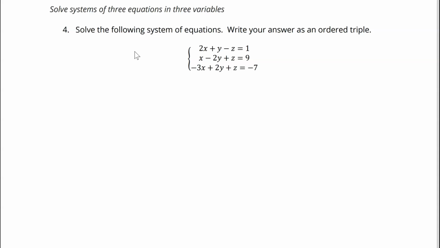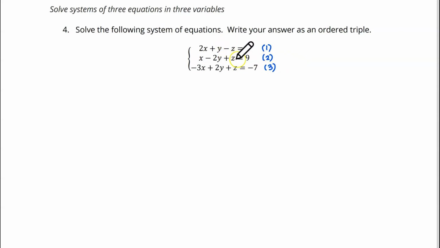So we begin by labeling our equations. This is equation 1, equation 2, and then equation 3. And then we decide which variable to eliminate from probably equation 1 and equation 2. So in this case, the easiest is to eliminate z.